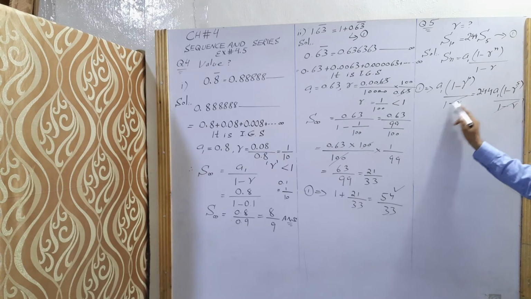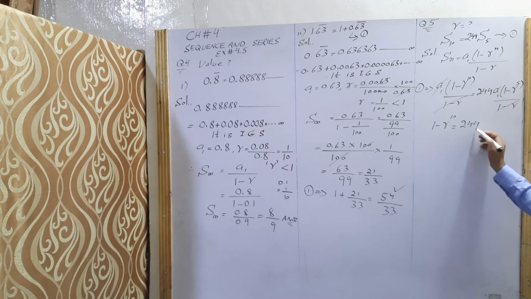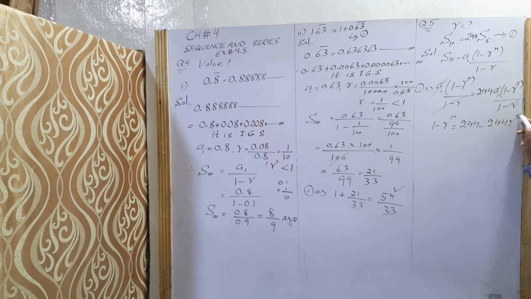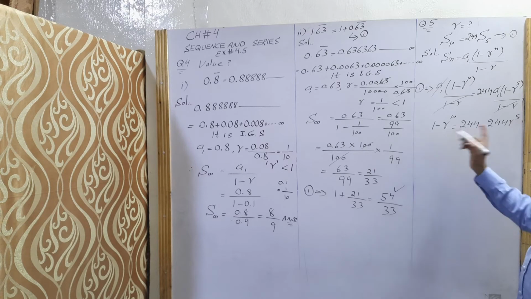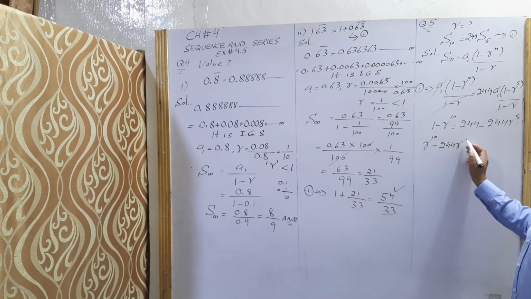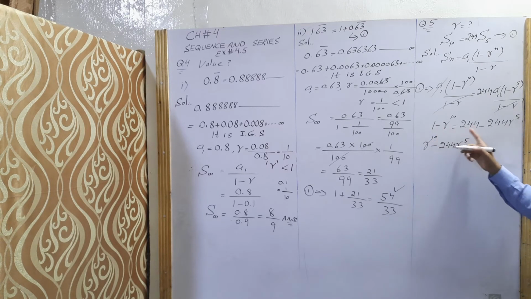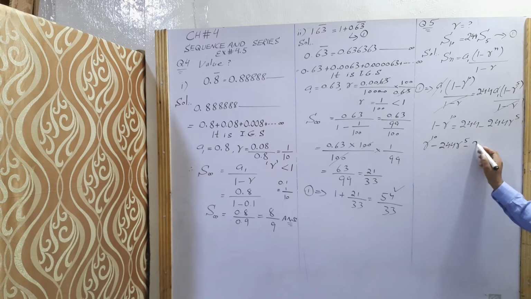So this cancels with this, and a1 cancels. So there is 1 minus r raised to power 10 equals 244 times (1 minus r raised to power 5). Moving the left-hand side to the right, this is r^10 minus 244 r^5, plus 1, with a change of sign, minus 1. Adding, we get 243.